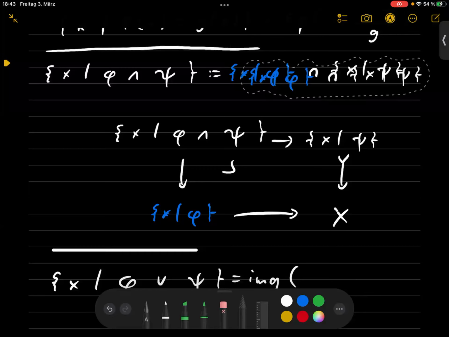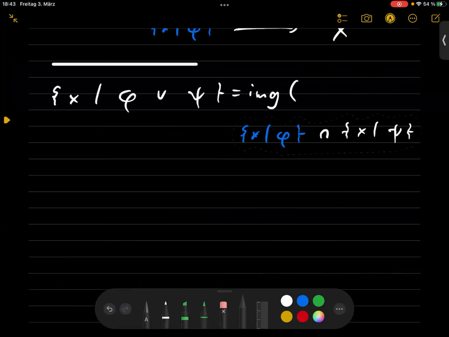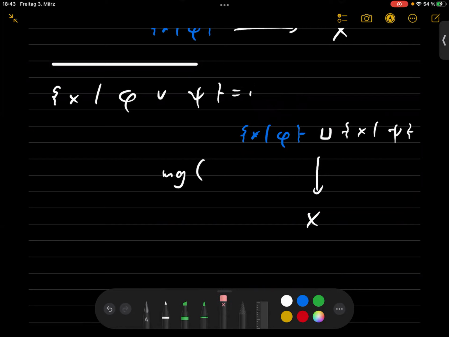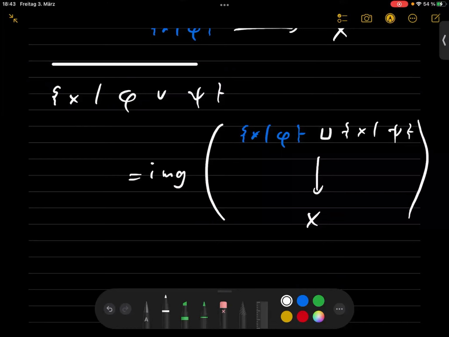I copy it now. Image of, but we take now the disjoint union and consider the morphism of the respective inclusions to X. And when we do that, then this will be the image.